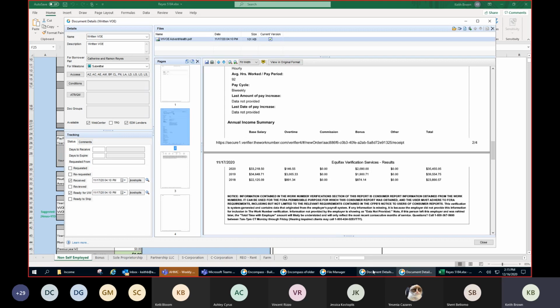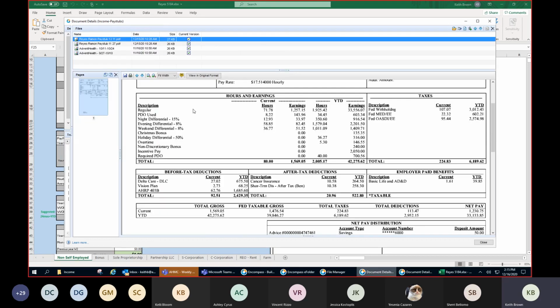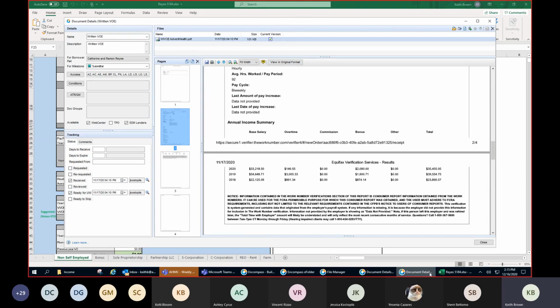So I did show a monthly, just so you know. On his pay stub, we did show a bonus, which I called incentive pay of $20.50, which reasonably matched the VOE. I actually could have added Christmas bonus, but that's a little shaky.